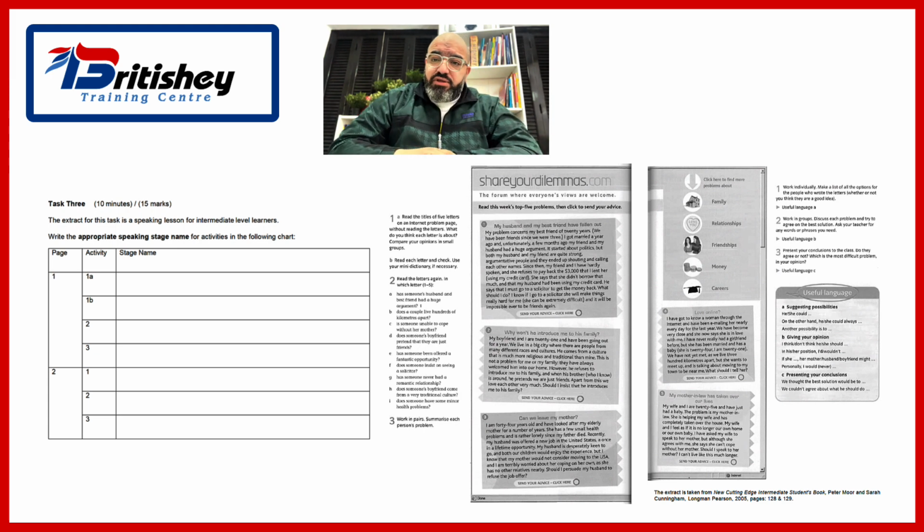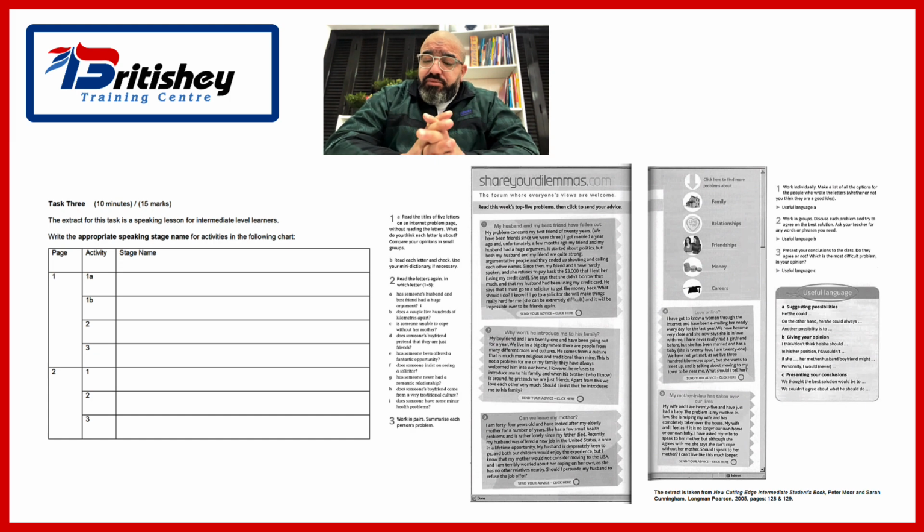So you're given a real page from a course book and you're asked, okay, this is a speaking lesson, like what we have here in this one. What about activity A? Which stage is it related to? What about activity B? Now let's look together.